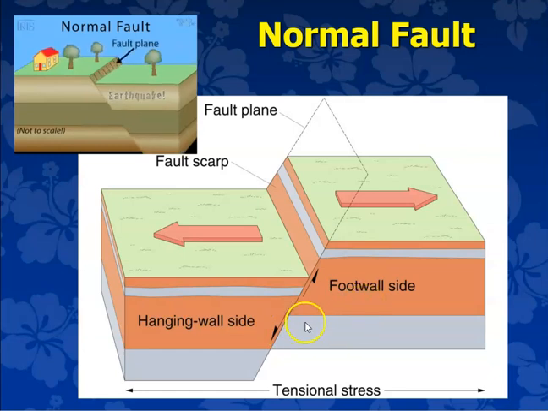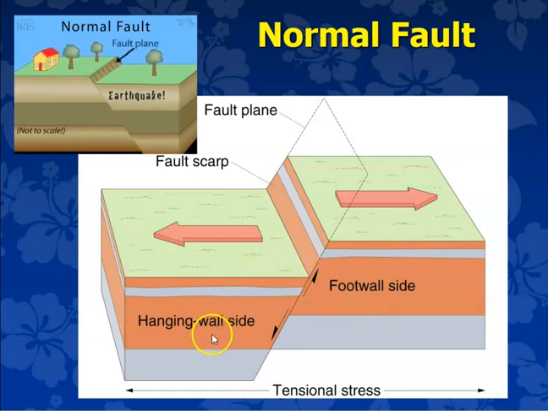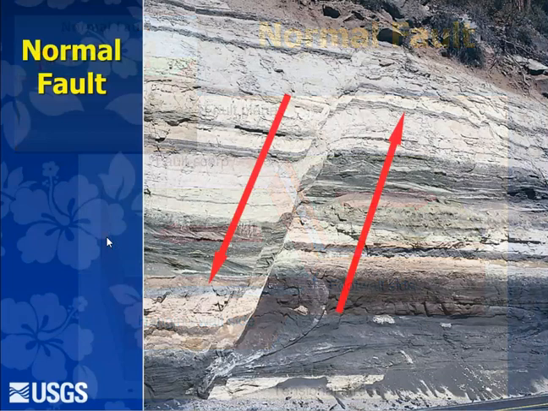The footwall is where you would stand. So in a normal fault, the hanging side moves downward relative to the footwall. So the piece on top moves down relative to the footwall. That's a normal fault. And if you just watch this thing over and over again, it becomes hypnotic, and then hopefully you'll see how the hanging wall moves downward relative to the footwall.